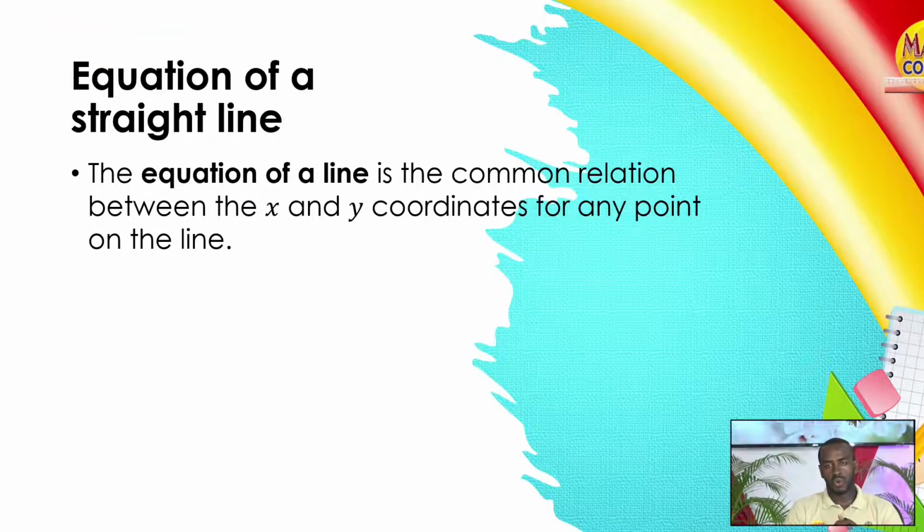Let's now go into the equation of a straight line. The equation of a straight line is the common relation between the x and the y coordinates of any point on the line.